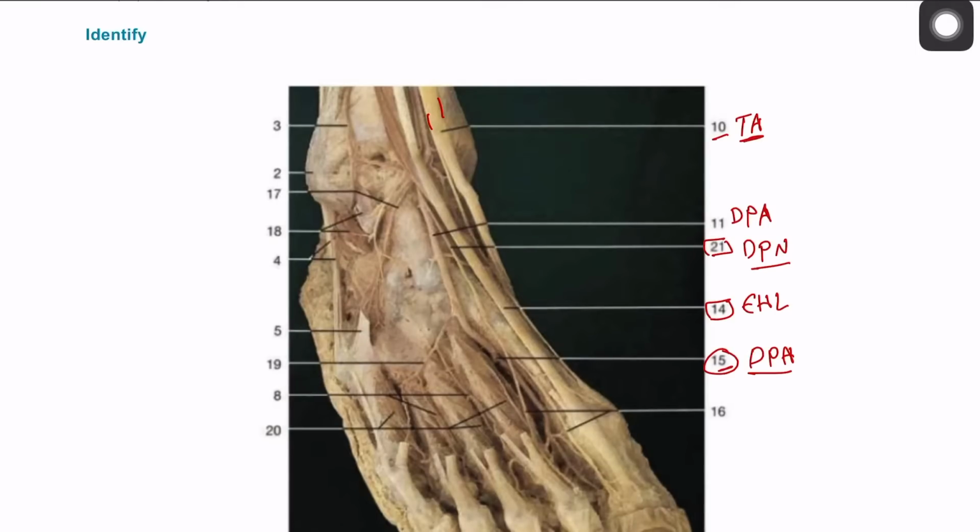And there is another branch. So you look at the dorsalis pedis, it moves all the way down and divides into two terminal branches. So 19 is called the arcuate artery, or the arcuate arch. And this arcuate artery will continue as number 8, the interdigital branches, and also the 20. Remember, we mentioned the first dorsal interosseous being pierced by the dorsalis pedis artery. So these are dorsal interossei muscles. And you know, this muscle is cut.